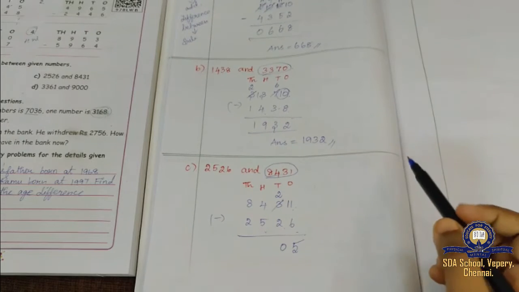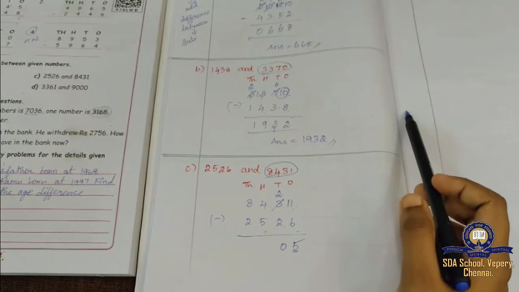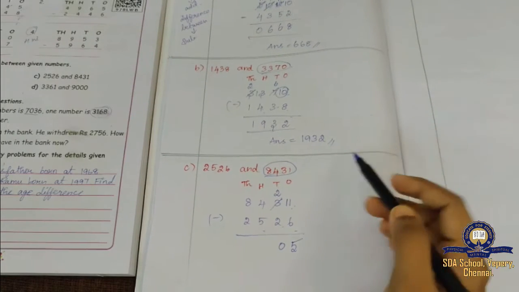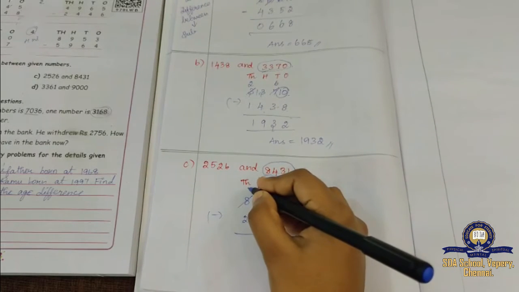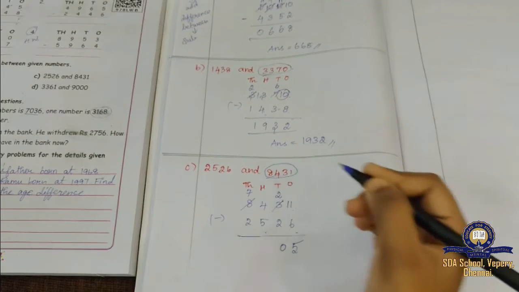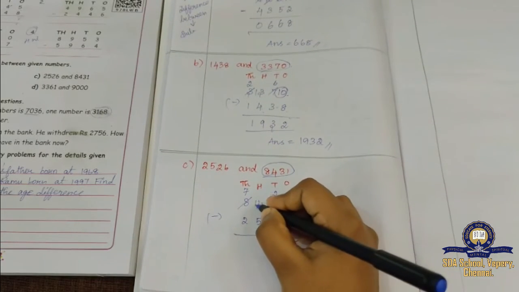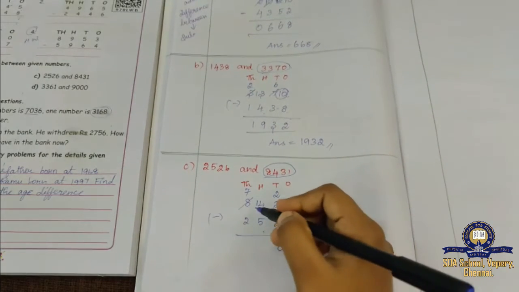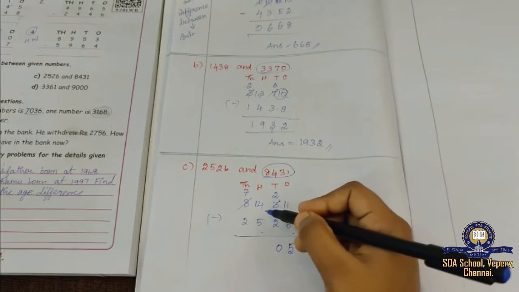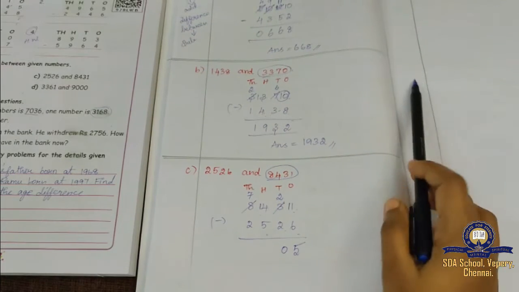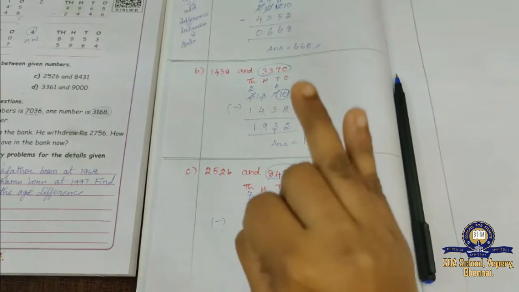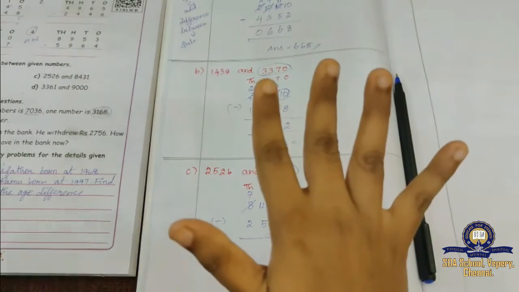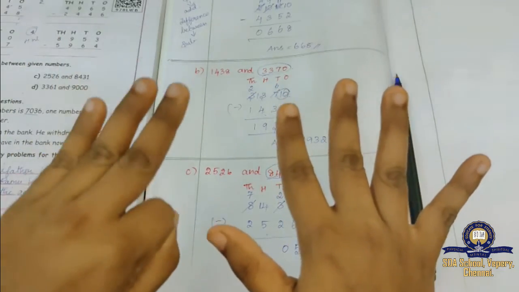What is 4 minus 5? Can we subtract 4 minus 5? No, we cannot subtract. So we can borrow from 8. So what is the before number of 8? 7 is the before number of 8. And we'll borrow 1 from the thousands place to the hundreds place. Now we can subtract 14 minus 5. So what is 14 minus 5? 5 after 6, 7, 8, 9, 10, 11, 12, 13, 14.